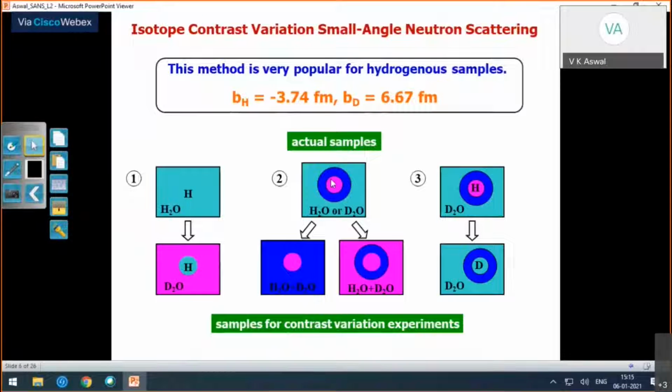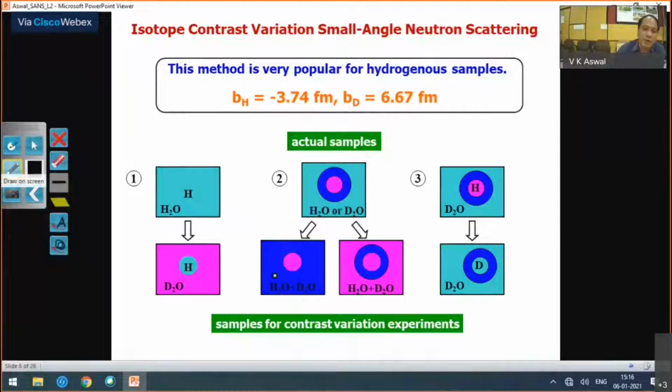Since you have H2O and D2O, which have very different scattering length densities, you can mix them in a ratio to get a scattering length density which is between them. So you take a ratio of H2O and D2O such that the scattering length density of the solvent matches that of the shell. Then you only see the core part.